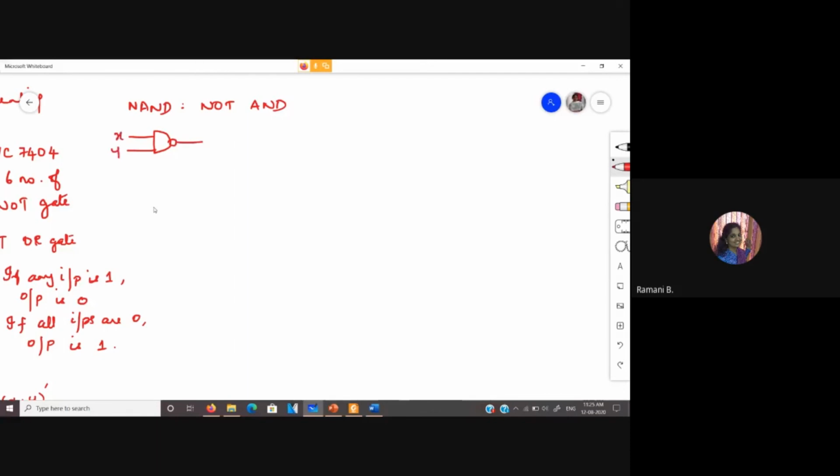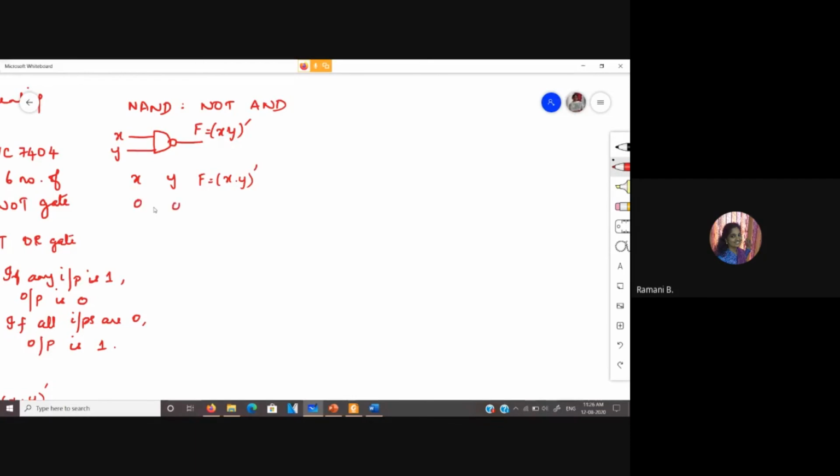So x, y, f is equal to x dot y, the whole bar. So here the table will be x, y, and f is equal to x dot y, the whole bar.